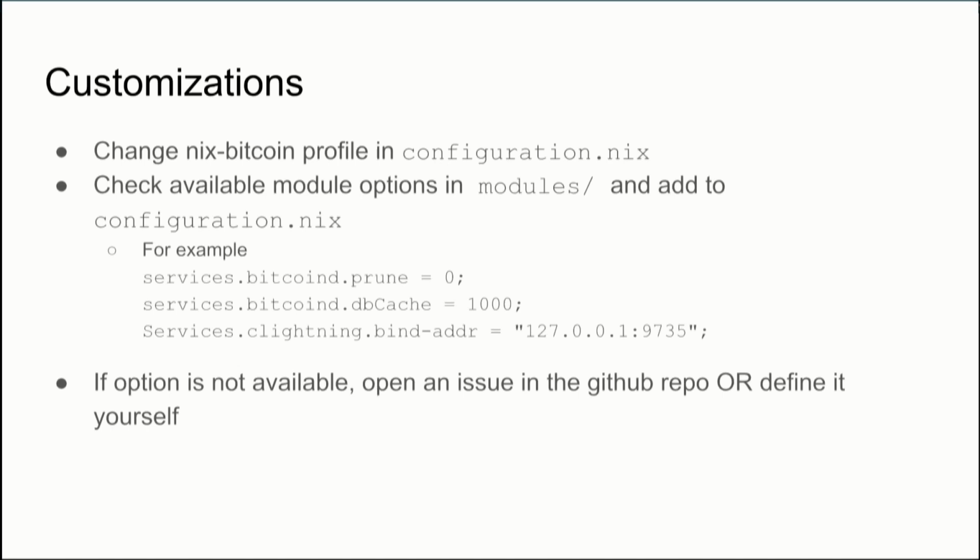You can change the dbcache to speed up syncing. And also you can change, for example, if C-Lightning should just listen on localhost or be available from the outside as well. If an option is not available, then either you need to open an issue in our GitHub repo, so we can try to add this option, or you can try to define it yourself.